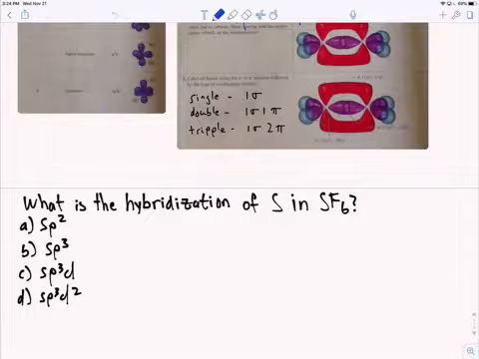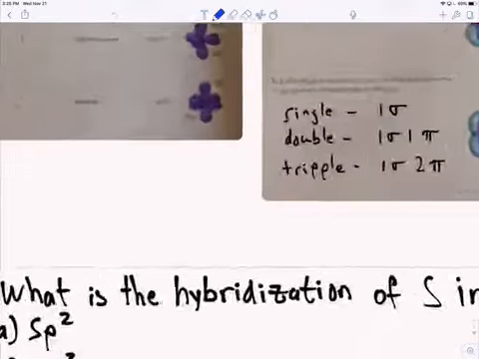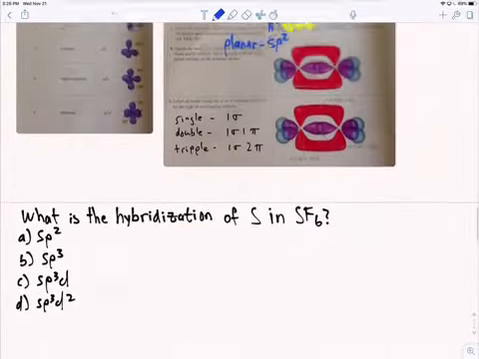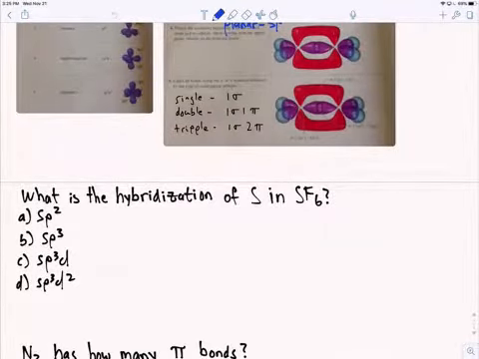How many things are on sulfur? There are 6, which means octahedral geometry. 6 is octahedral, and octahedral means what type of hybridization? sp3d2.